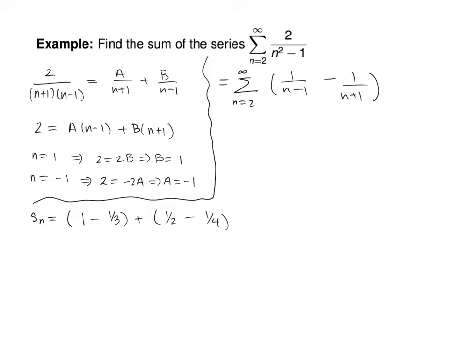Okay, and don't freak out. Nothing cancels yet, but don't panic. Plug in 2, 3, 4, and we get minus. And just make yourself feel better, also plug in 5. I think you get a quarter minus a sixth.